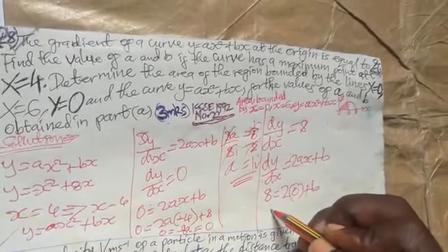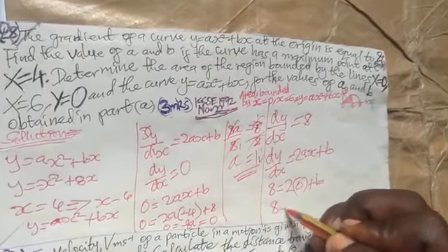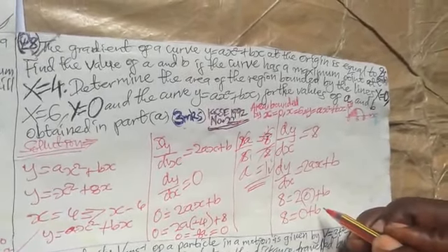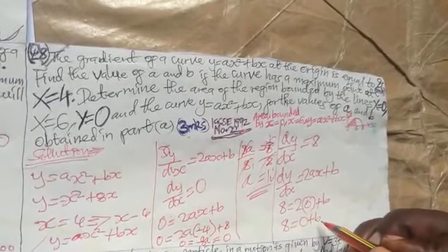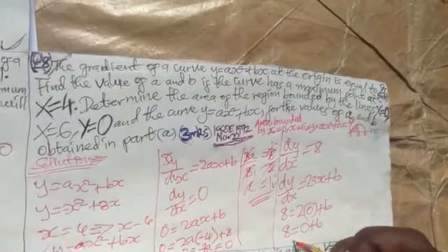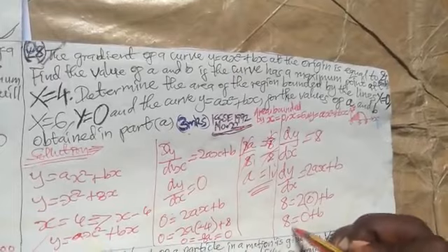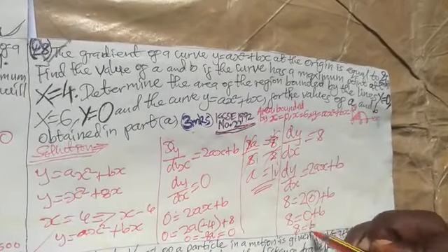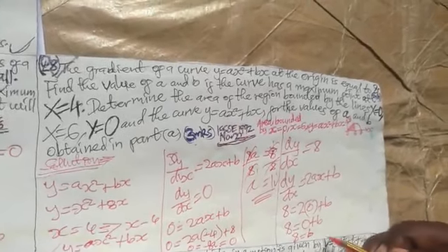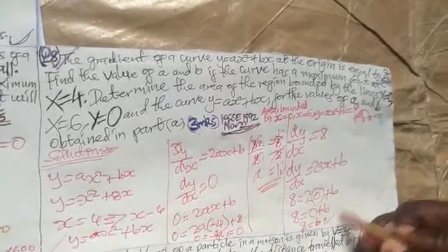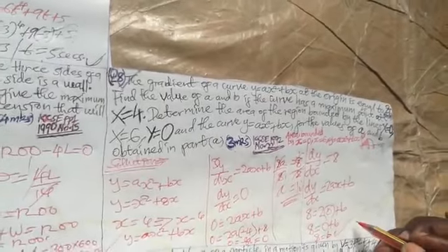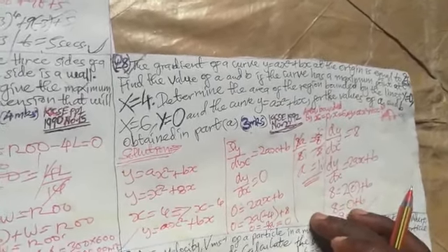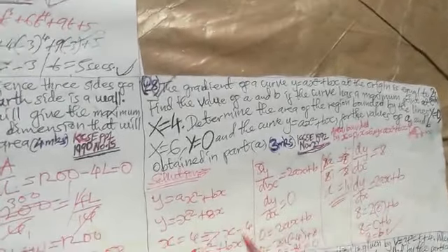Therefore, 8 is the same as 0 plus b, which is 8 is the same as b. This is at minima, where gradient is 0. This is part A.